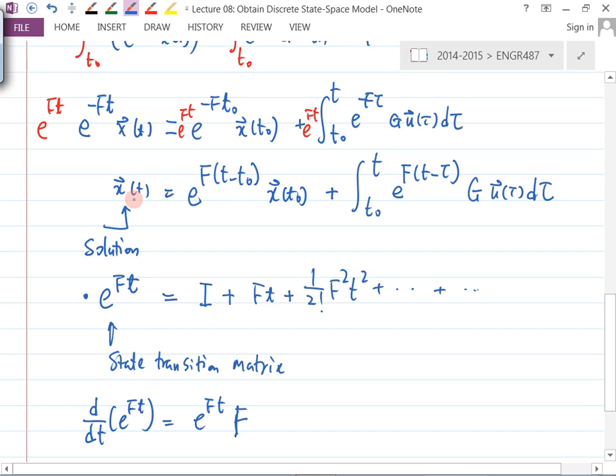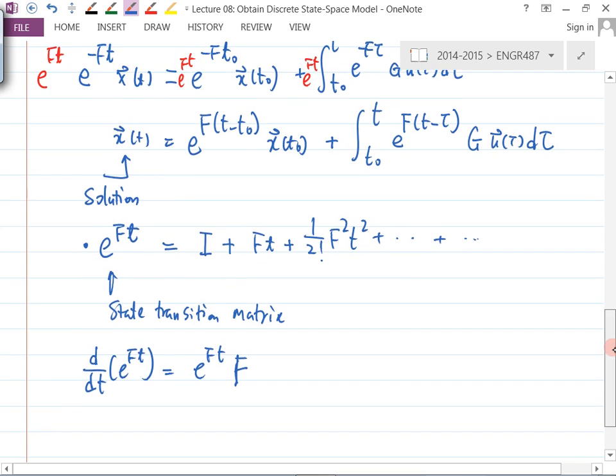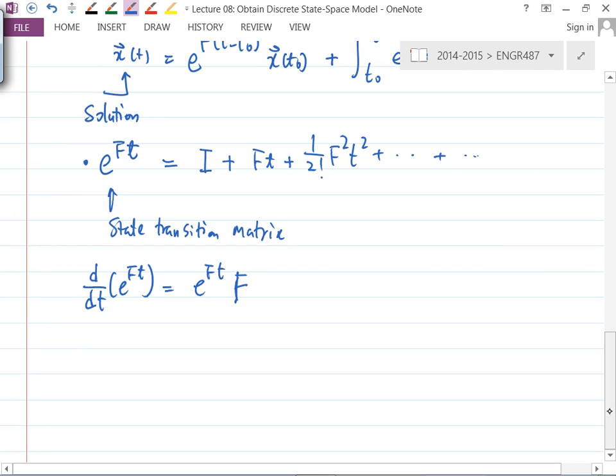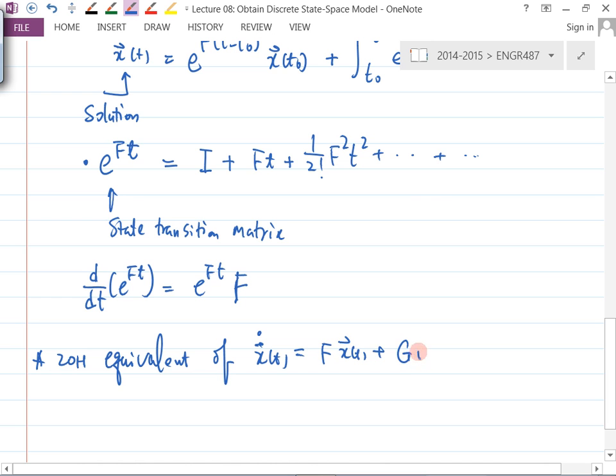So here's your continuous response. Then how can we discretize this guy here, to make it a zero-order hold equivalent? So here comes basically the core part: the zero-order hold equivalent of x dot of t equal to F x of t plus G u of t.